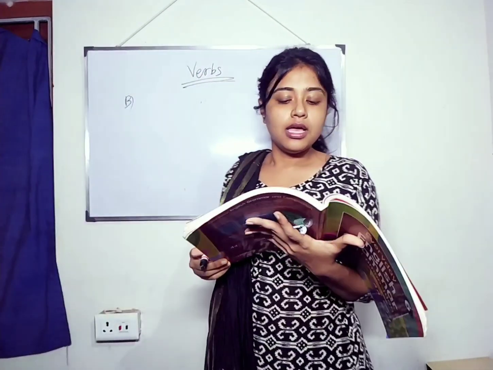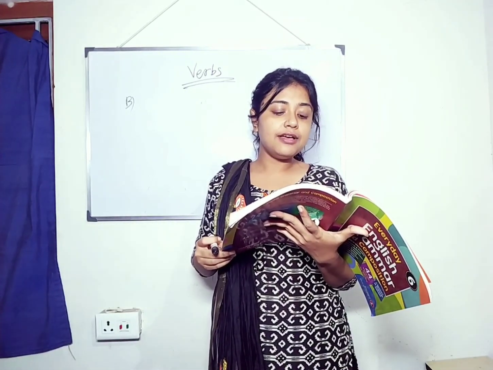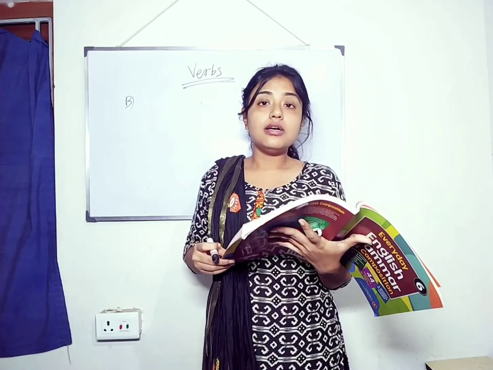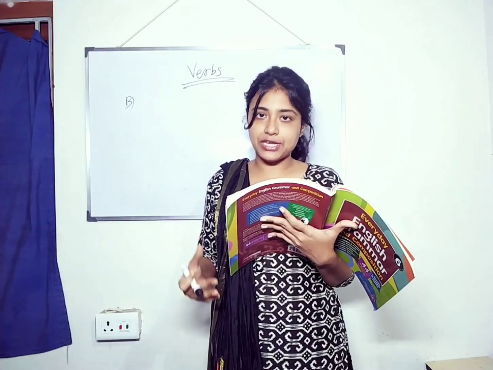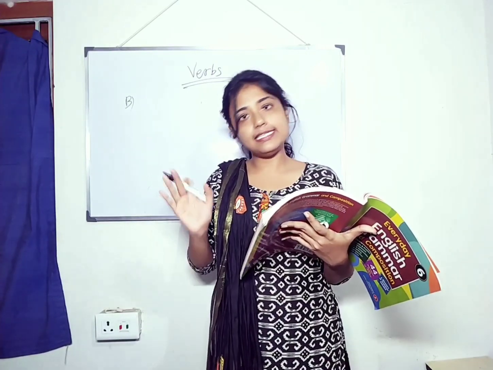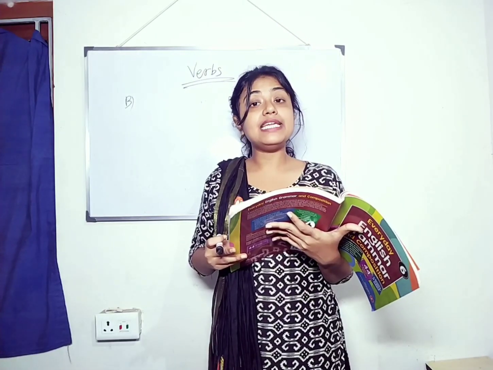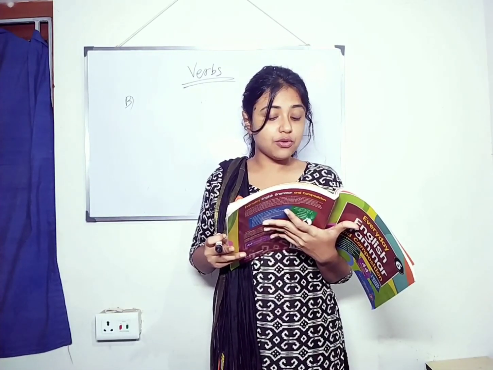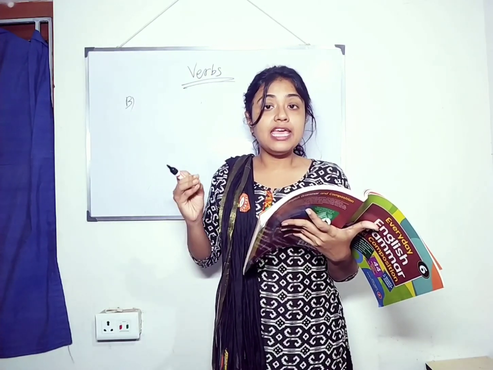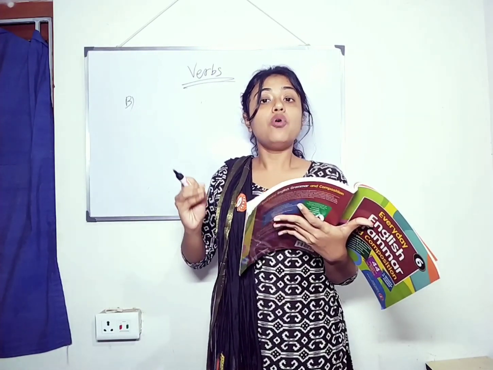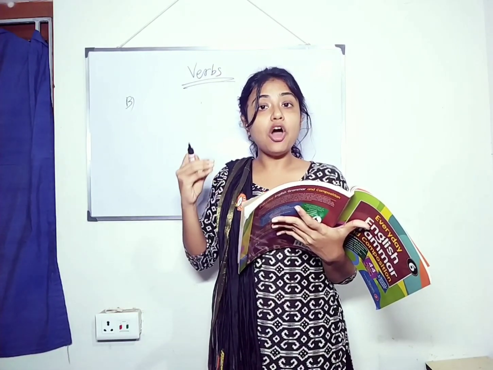B. Shafina ate 3 plates of onion fritters. Can you identify the main verb here? The main verb is ate. Is it transitive or intransitive? Obviously, it is a transitive verb because it has an object. What is the object? 3 plates of onion fritters. If you question the verb with what, the answer will be the object.